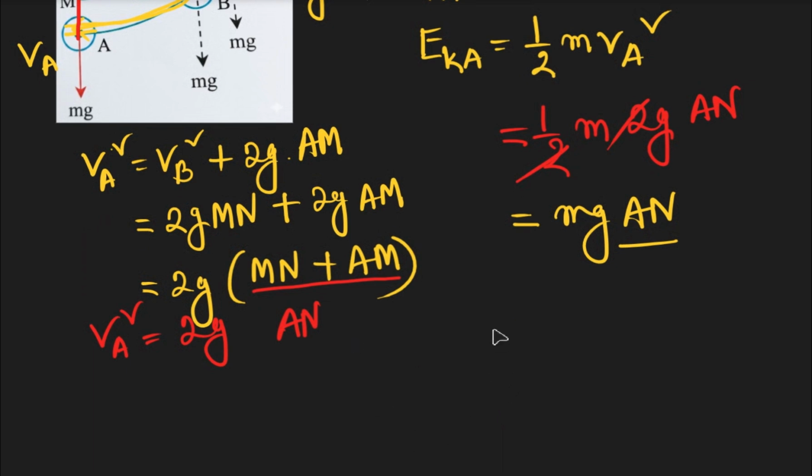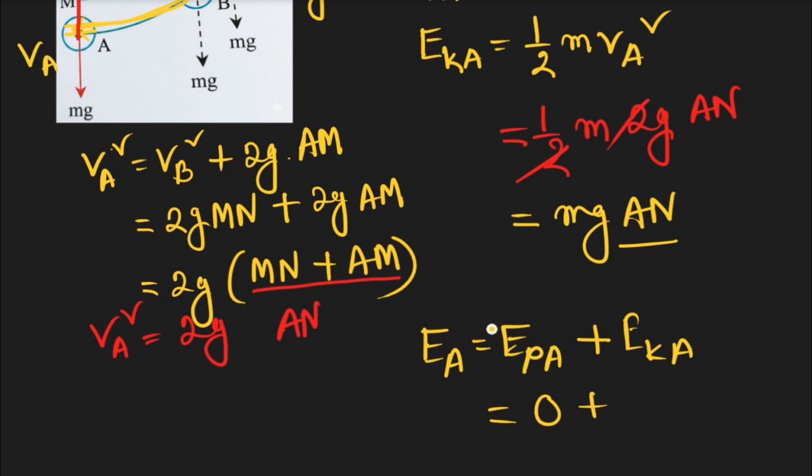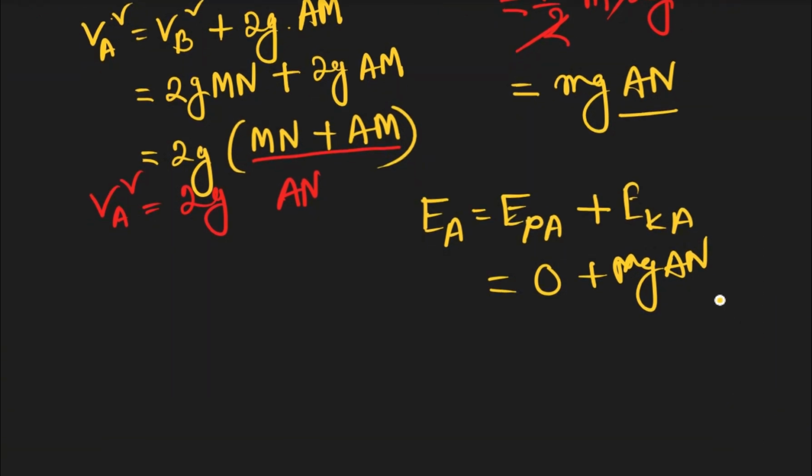By the way, for point A, what can we write? EA equals PA, the potential energy at point A, plus the kinetic energy at point A. So this is 0 and this is mg AN. So EA equals mg AN.